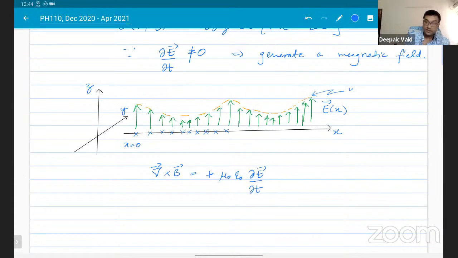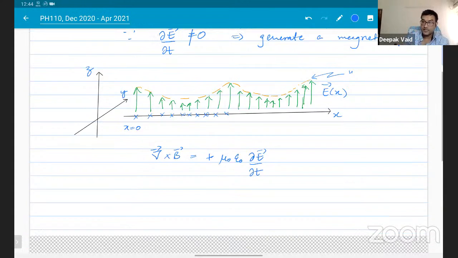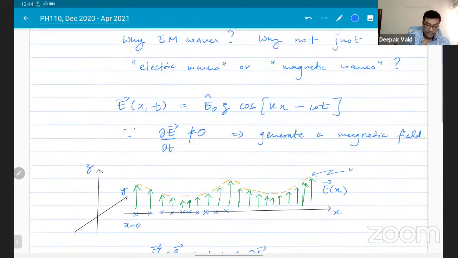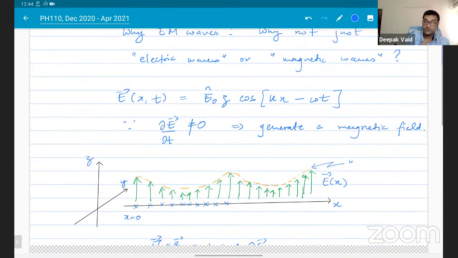Now E is along the z-axis, right? So when I calculate dE by dt, if I calculate it just by taking the time derivative of this expression, what do I get?